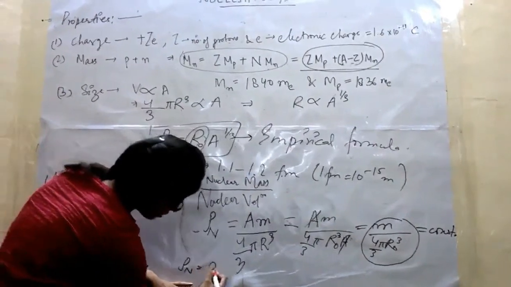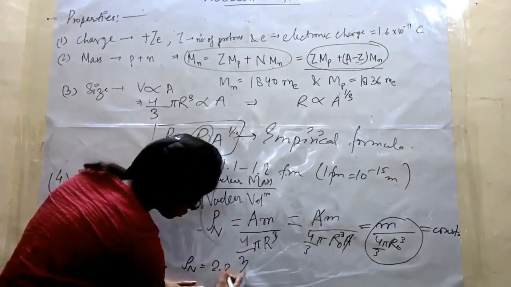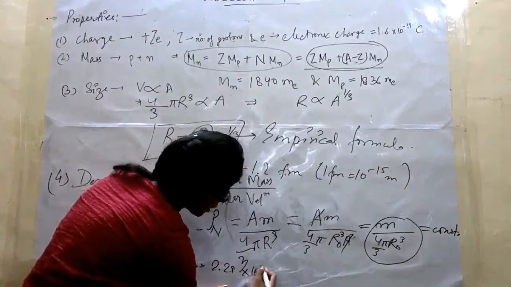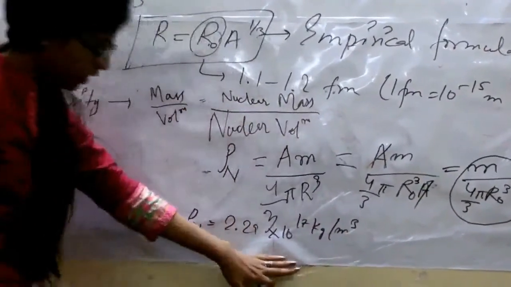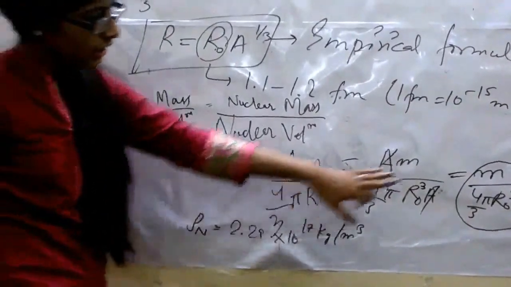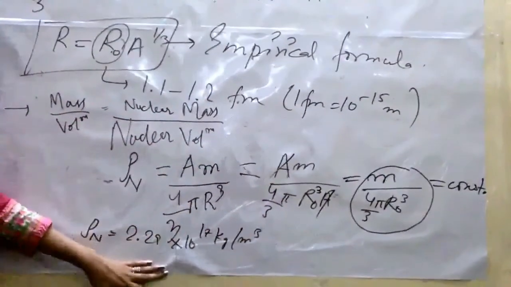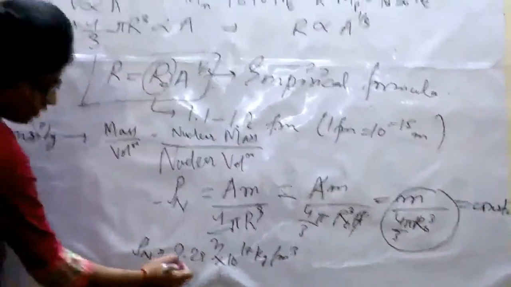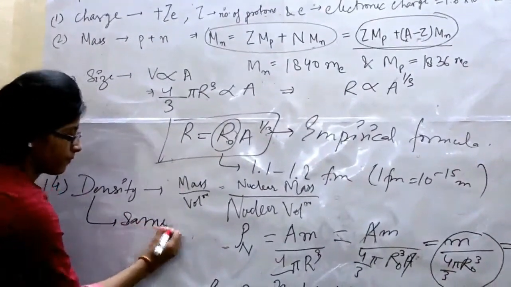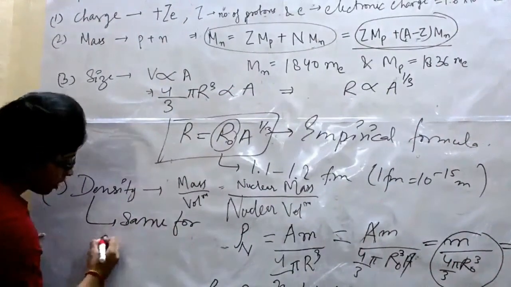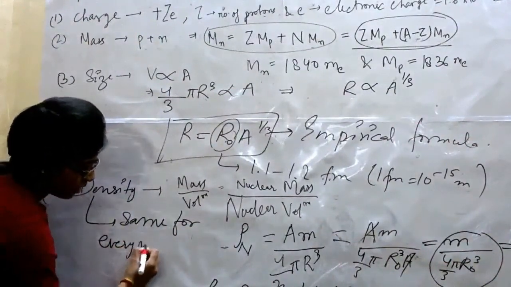We get this value as 2.29 into 10 to the power 17 kg per meter cube. It's constant, and since it is independent of A, it remains the same for every nucleus.